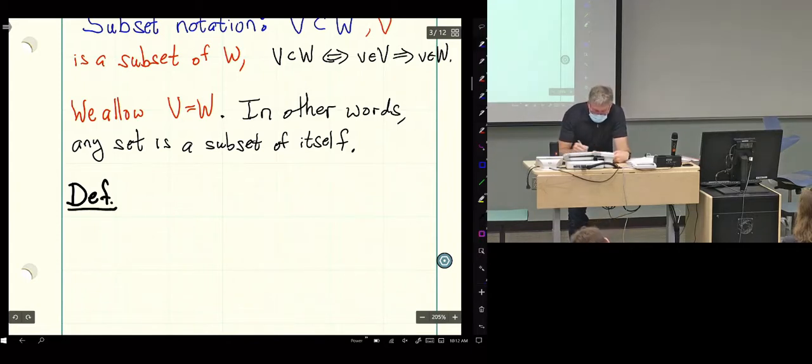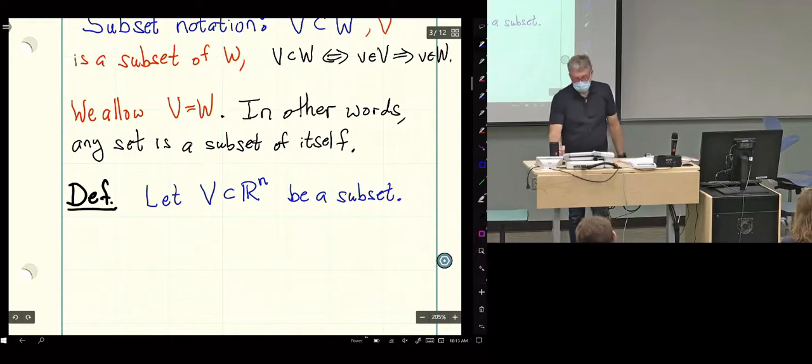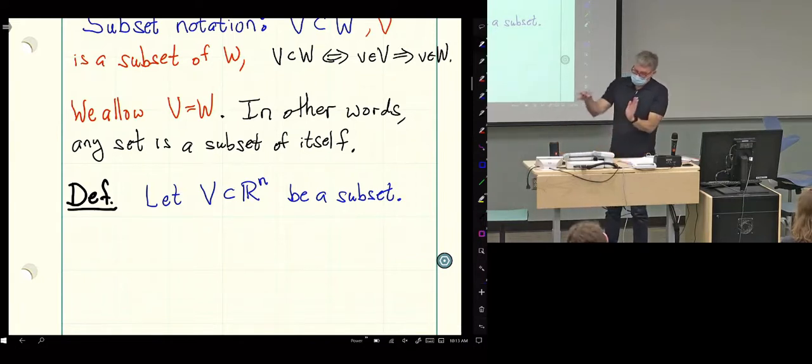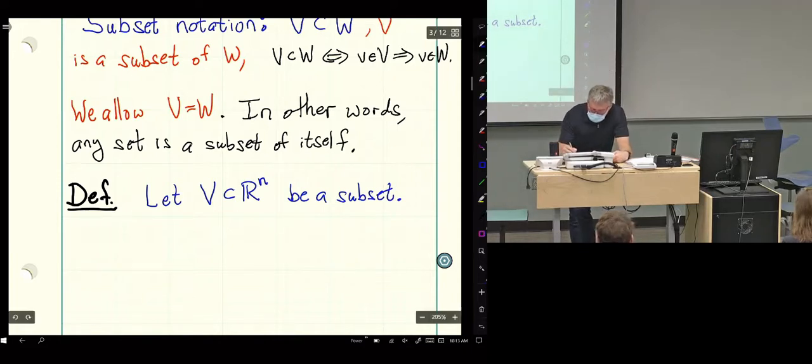Definition. So let V be a subset of Rn. Okay, and I'll write it out initially just to make sure. When I write V, that subset symbol Rn, the 'be a subset' is redundant, but sometimes the Department of Redundancy Department is useful, okay? Just when you're first learning something. Okay, definition: let this be a subset.